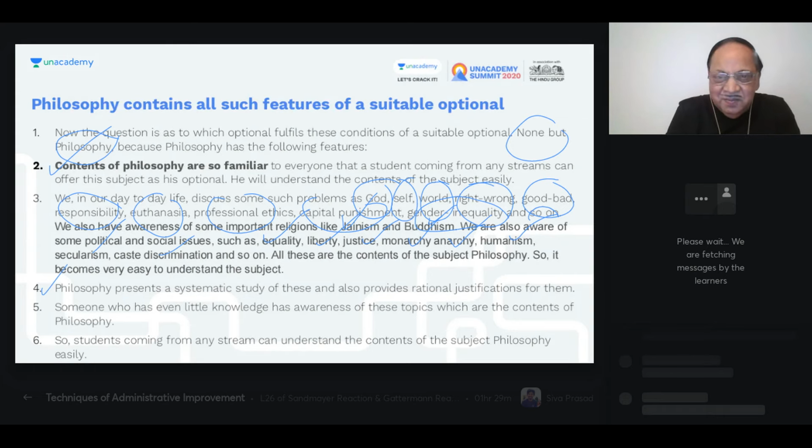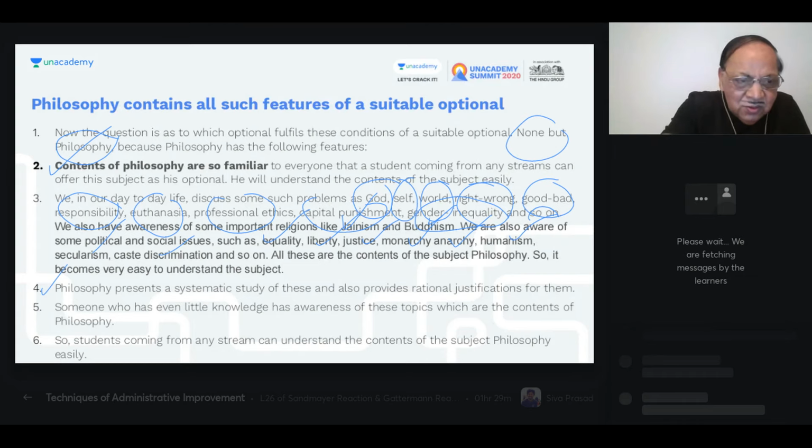That's the main point that you have to see. It will present a systematic presentation. And at the same time, what does philosophy do? Philosophy will provide a rational basis to discuss these topics logically. That is what philosophy is going to do for you.